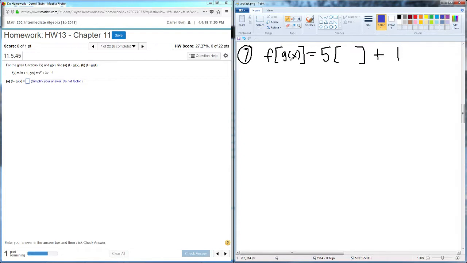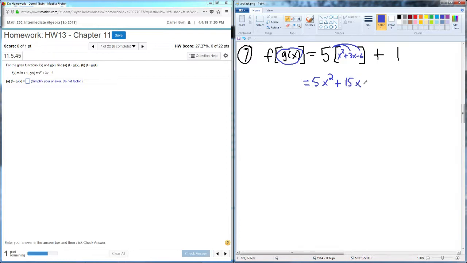And inside the function f of x is the g of x. And g of x is, whoa, x squared plus 3x minus 6. So instead of writing g of x, I'm just going to write x squared plus 3x minus 6 inside. And this 5 is going to distribute to every single term. 5x squared plus 5 times 3x is 15x.